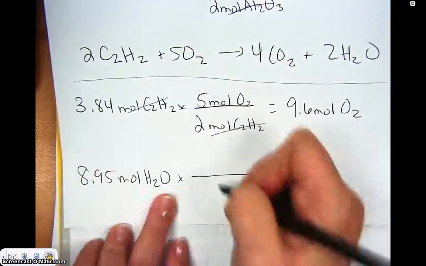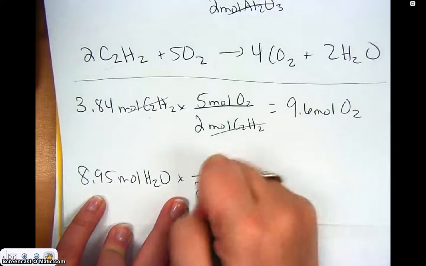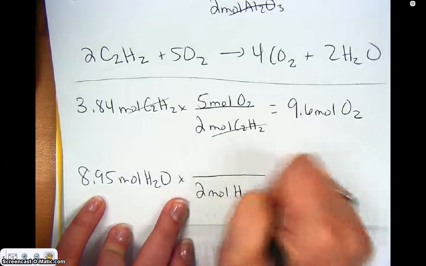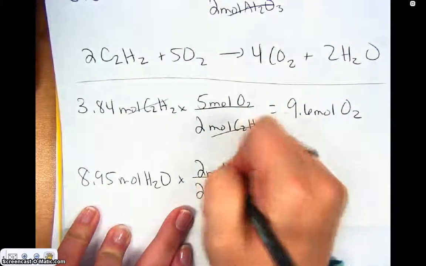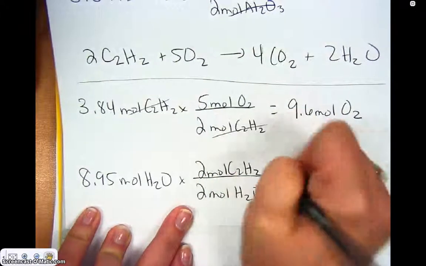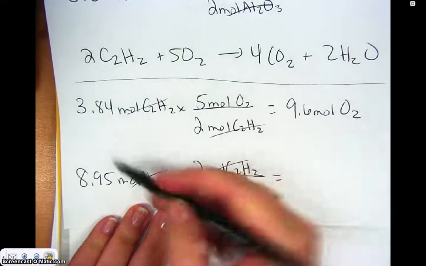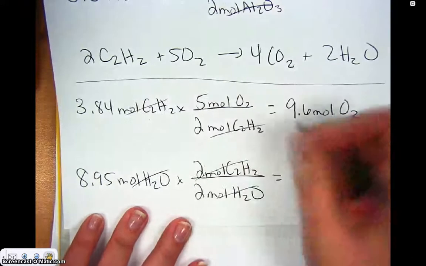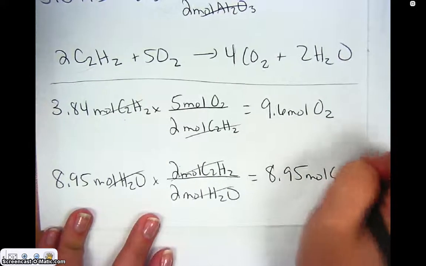So on the bottom, I'm going to have my moles of water because I actually want that to cancel, so I just put 2 moles of water. And then on top, I would put 2 moles of C2H2. So the 2 to 2, I would end up with 8.95 times 2 divided by 2, so I would end up with 8.95 moles of C2H2.